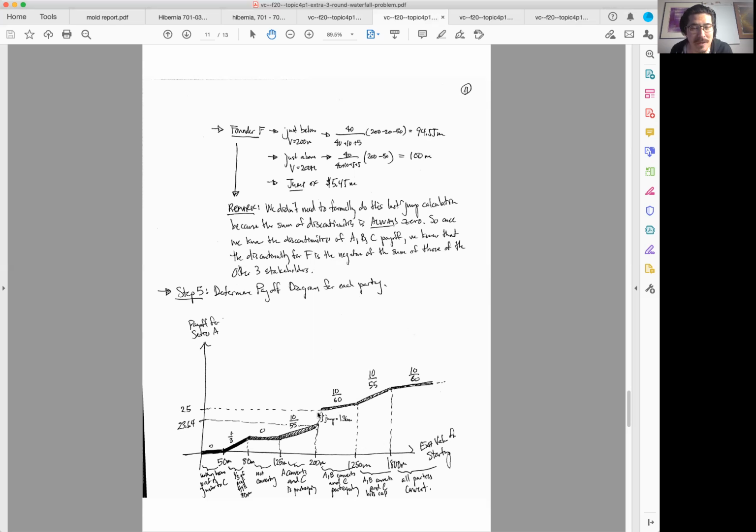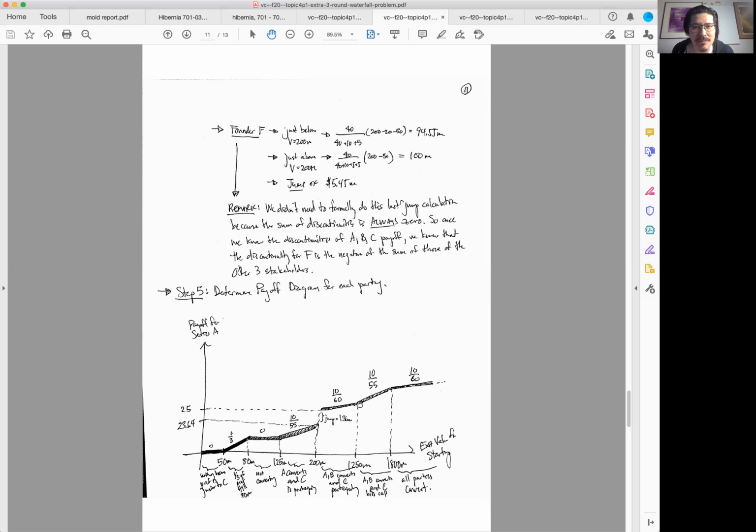Do we agree? But once Series B is forced to convert, there's no longer just 55 million shares in the company. There's 60 million because they've got their 5 million. So the slope thereafter is now 10 over 60. Does that make sense? Then what happens at $1.25 billion?